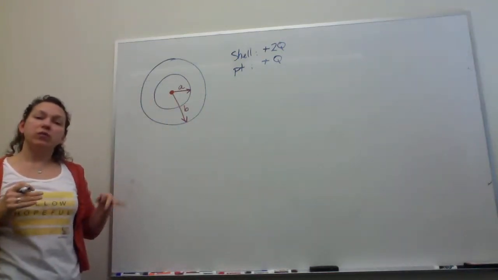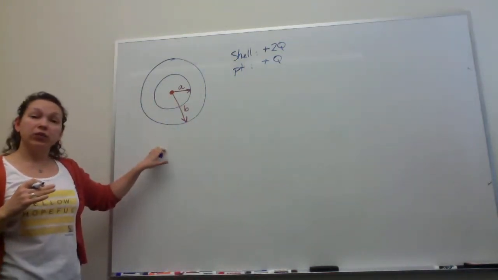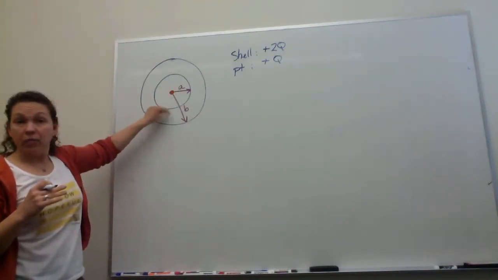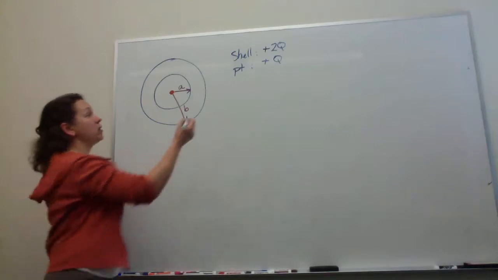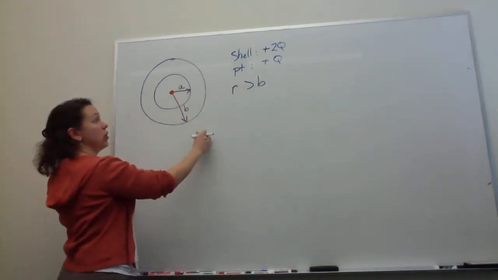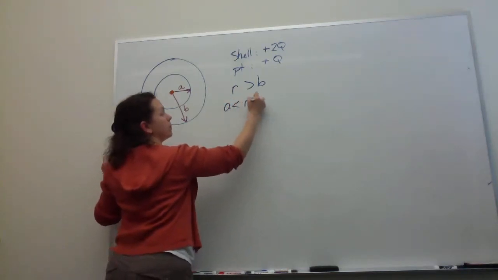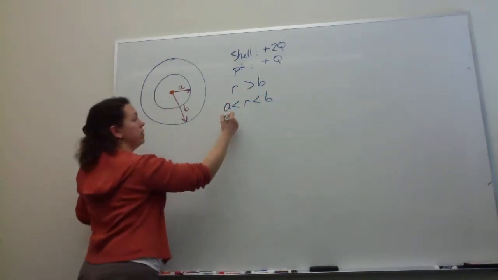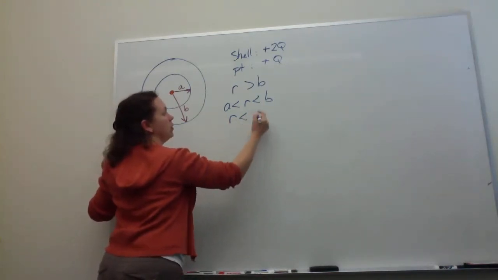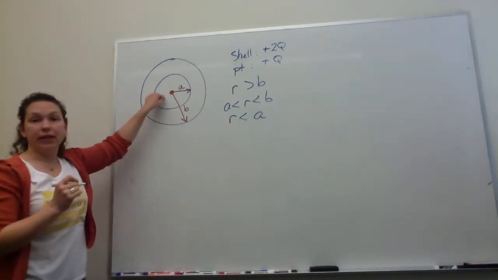The problem wants you to find the electric field outside, when the distance is larger than b, between a and b, and inside a.